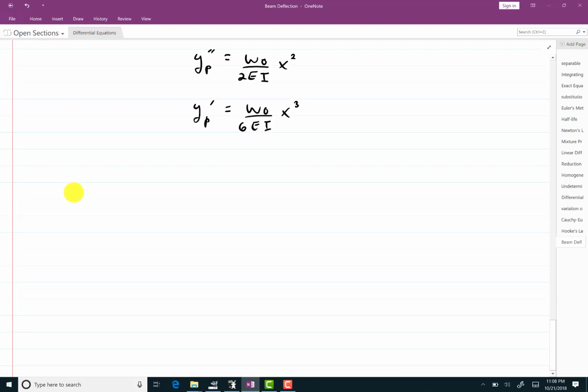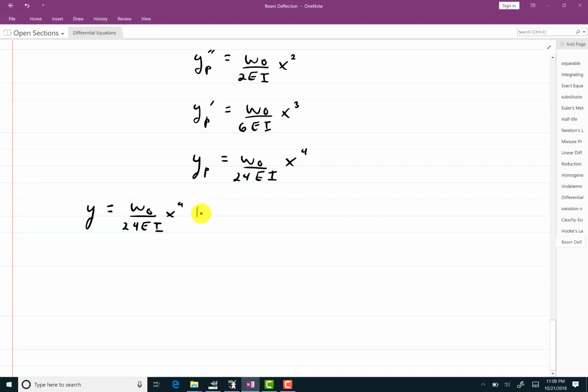And finally, one last integral will give us y sub p, w naught over 24EI times x to the 4th. So my solution will be y equals w naught over 24EI x to the 4th plus c1 plus c2x plus c3x squared plus c4x cubed.